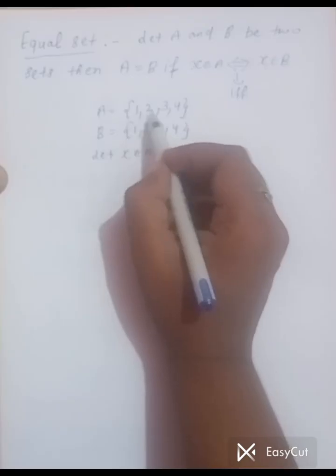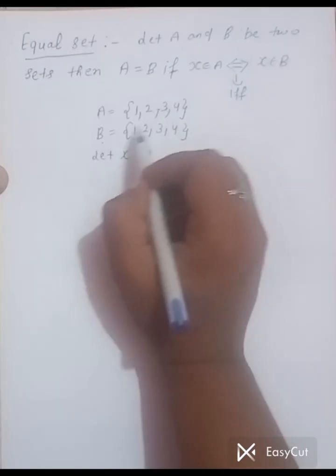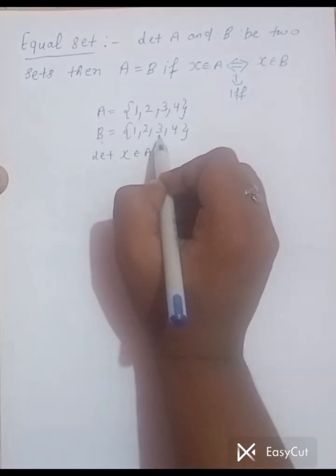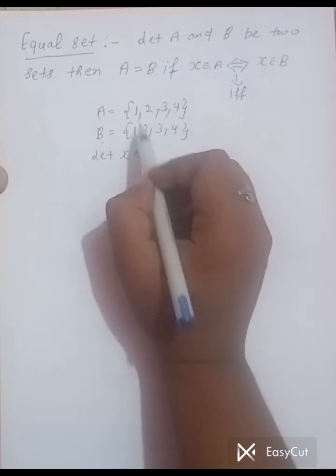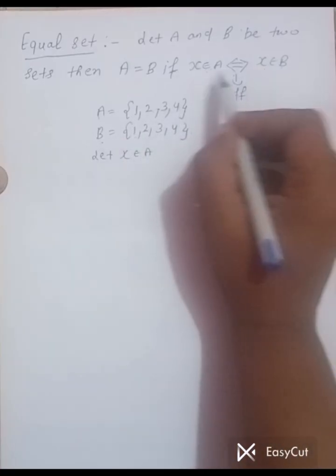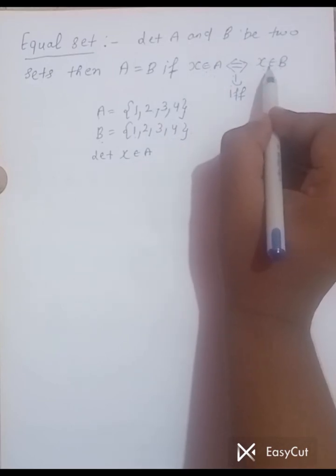Take any element, like 3. We will see if it belongs to B or not. Yes, it belongs to B. 4 belongs to B. 1 belongs to B. So it means X belongs to A implies X belongs to B. But what if we take the element X from B?